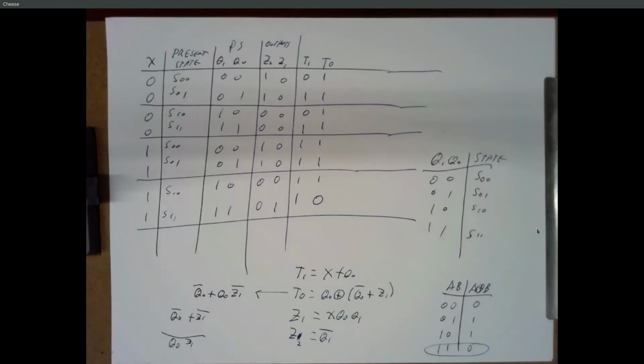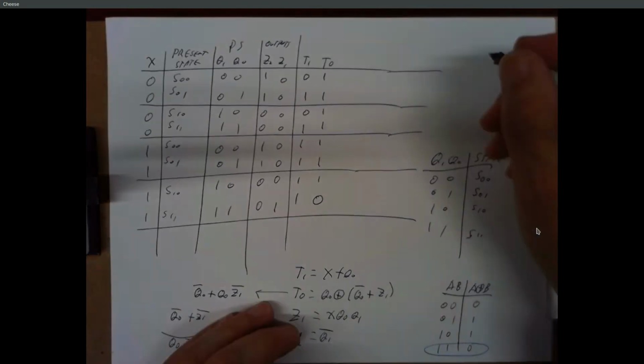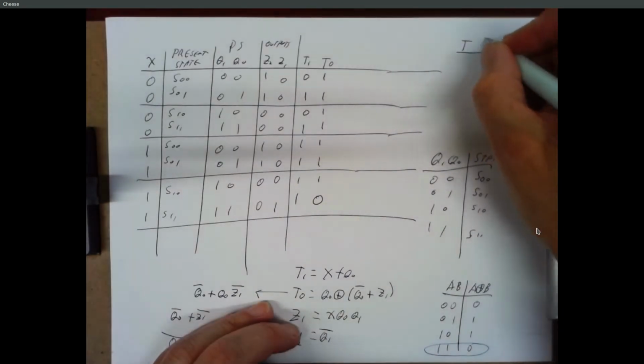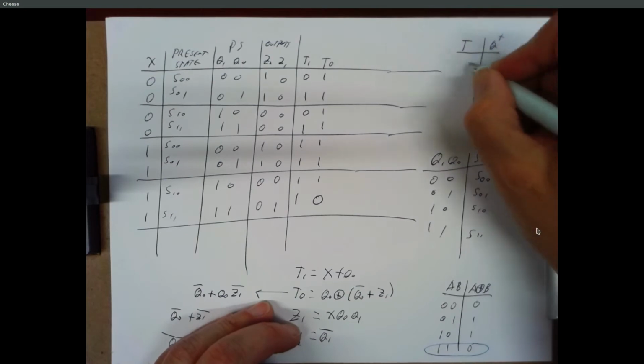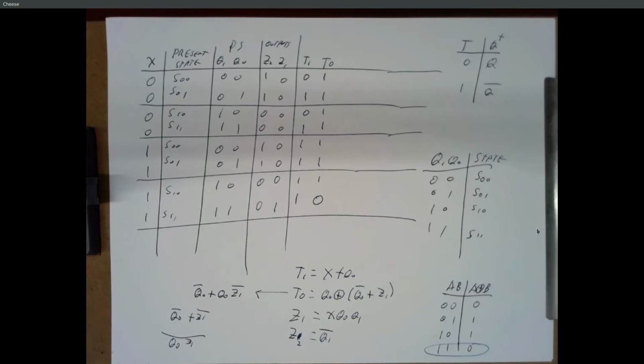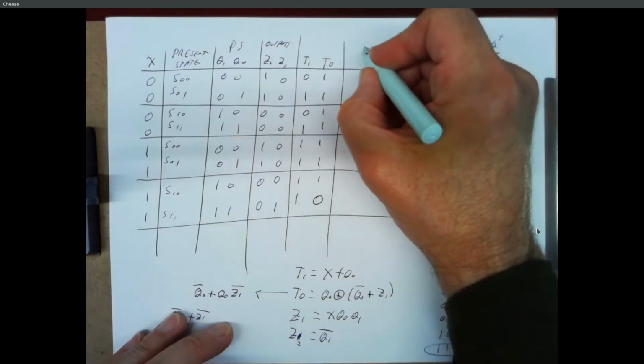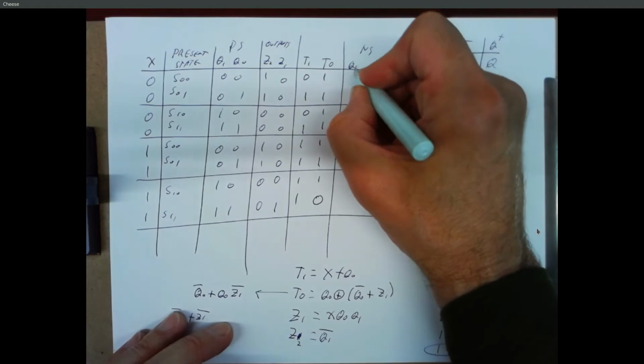All right, so we know the toggle flip-flop inputs. So what does the toggle flip-flop do? If T is 1, the output flips. If T is 0, the output stays the same. Right, so jot down your T flip-flop table. All right, well, let's just look at T1 and let's write the next state, Q1 plus.